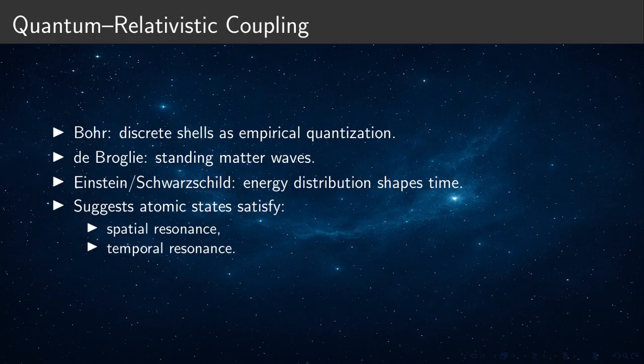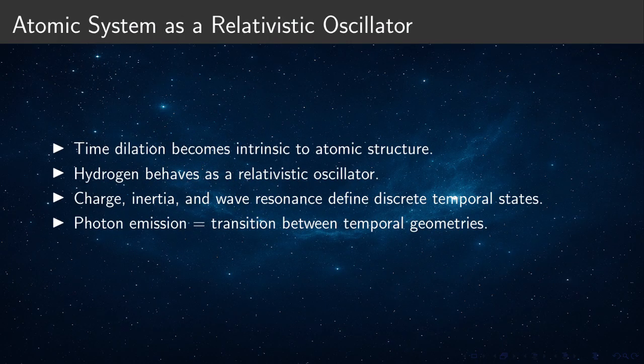Atomic system as a relativistic oscillator. If this interpretation is correct, time dilation becomes an intrinsic feature of atomic structure rather than solely a cosmological effect. The hydrogen atom may therefore be interpreted as a natural relativistic oscillator in which charge, inertia, and wave resonance combine to produce discrete temporal states.